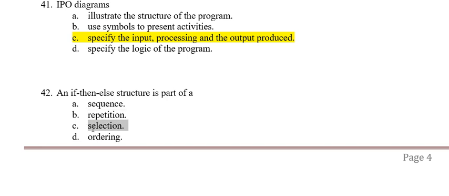On the selection, you make the computer or algorithm make a decision. Like if it's raining today, you bring an umbrella. So you have to select what you need to do, either based on the condition, then the computer will do this or the other.